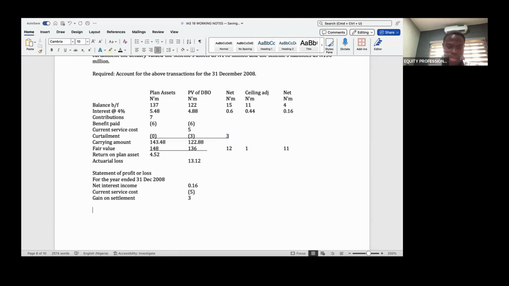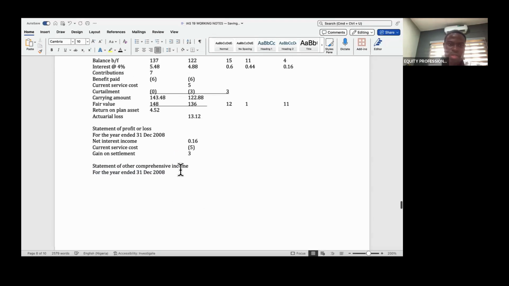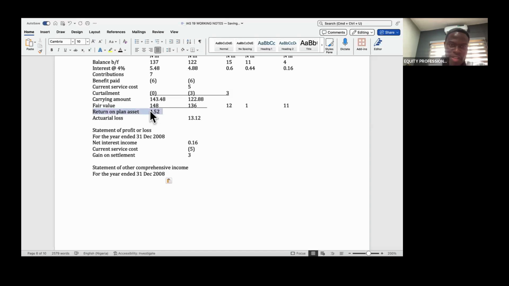And my statement of other comprehensive income for the year ended 2008, I will have my return on plan assets, 4.52.